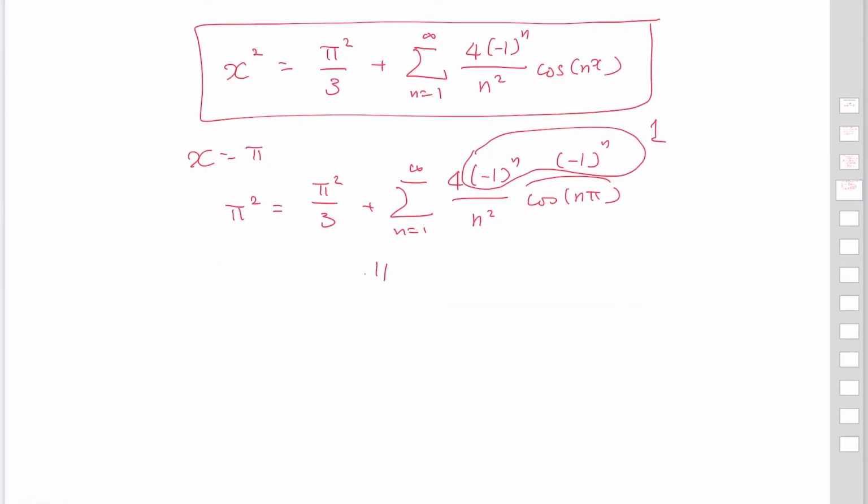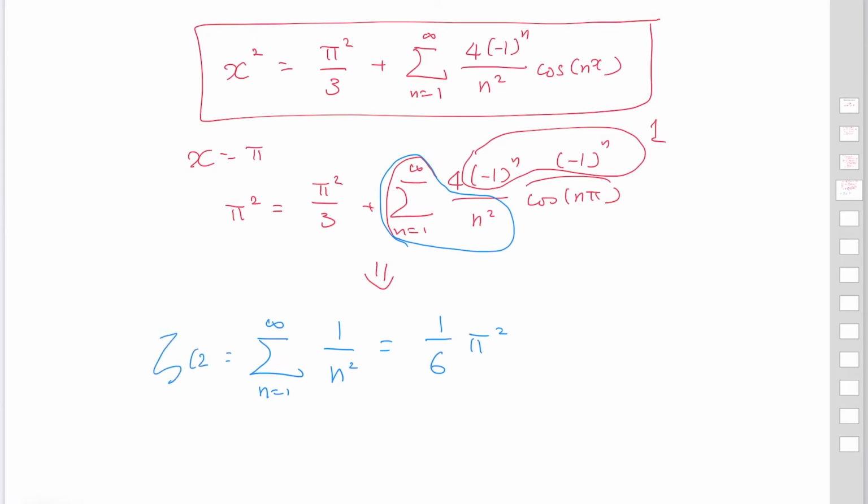From this equation you can find that the sum, n equal 1 to infinity, of 1 over n squared equals pi squared over 6. So this is actually zeta 2. I have proved the important formula for zeta 2.